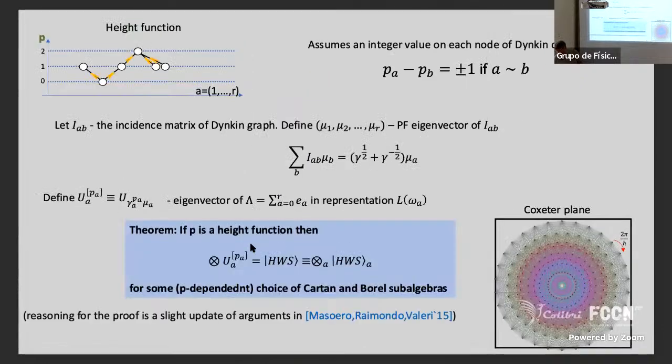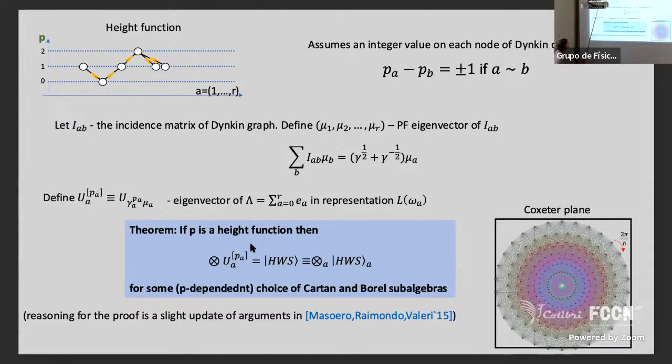And now I am able to make the first claim. For this one, I can even say the word theorem, honestly, and I do not believe I missed something. First, we need to introduce something which we call the height function. Let us draw our Dynkin diagram in two dimensions.